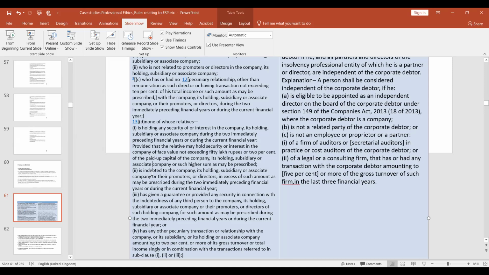He is indebted to the company, its holding subsidiary or associate company or their promoters, directors in excess of such amount as may be prescribed during the two immediately preceding financial years or during the current financial year, has given a guarantee or provided any security in connection with the indebtedness of any third person to the company, its holding subsidiary or associate company or their promoters or directors of such holding company for such amount as may be prescribed during the two immediately preceding financial years or during the current financial year, has any other pecuniary transaction or relationship with the company or its subsidiary or holding or associate company amounting to 2% or more of its gross turnover or total income singly or in combination with the transaction referred to in subclause 1, 2, 3.